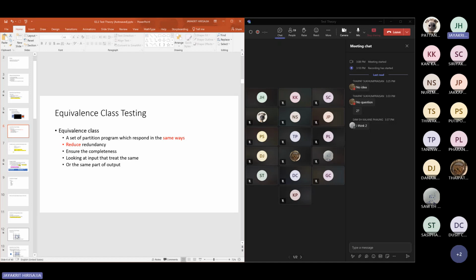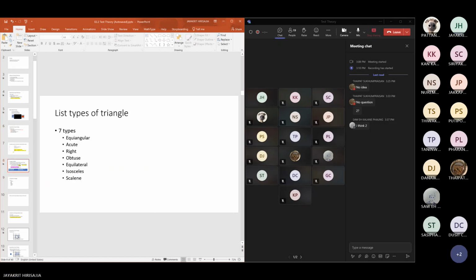And then if we have two inputs, we will have two ranges of input, and we may get one, two, three, four, five or any number of outputs. That is the idea of thinking about equivalent classes.